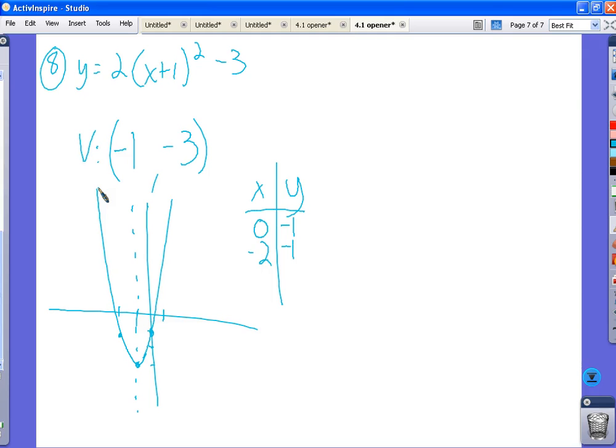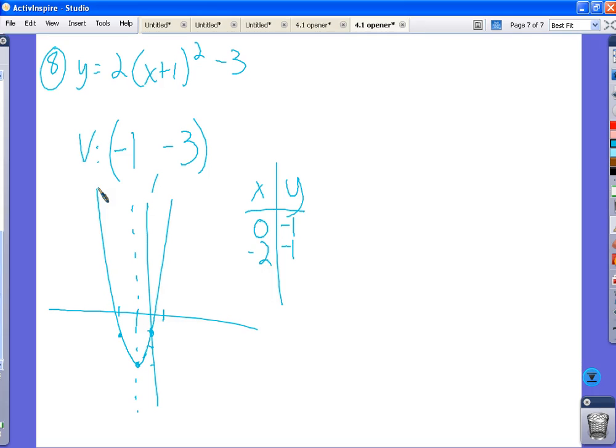Number 7, if you look at number 7, what's the vertex for number 7? -2, almost. It's like 75% right. The -2 is going to move it how? Right 2. The vertex is 2, 4: right 2, up 4.